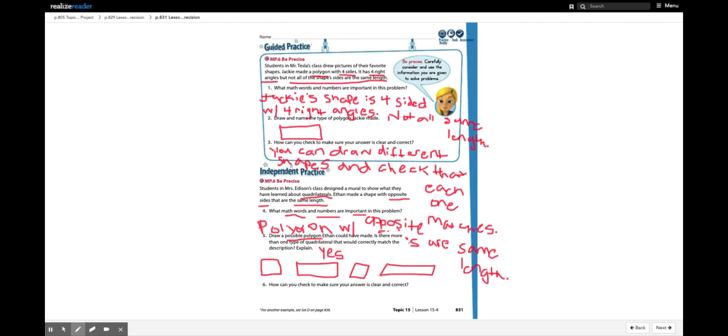You can check them to make sure they match the description. We know that all of these shapes match the description of a quadrilateral. We know that this drawing that we made of the type of polygon matched the description that Jackie made. So it's important that we are being precise, we're being accurate, exact, clear with our answers. Make sure to go back and check. Make sure you're understanding what you're doing before taking your quick check.